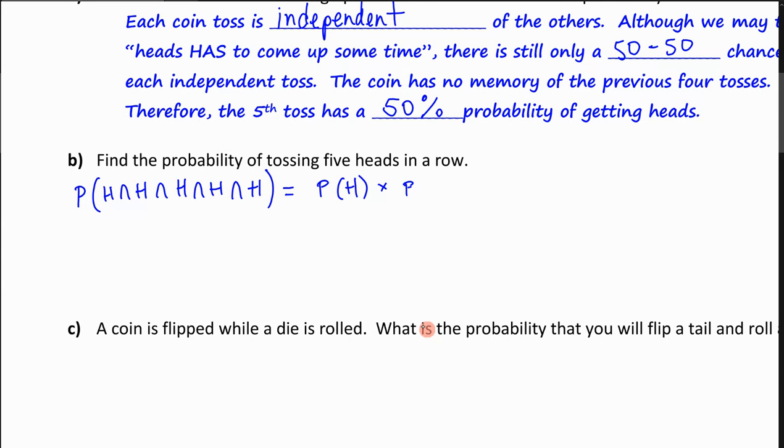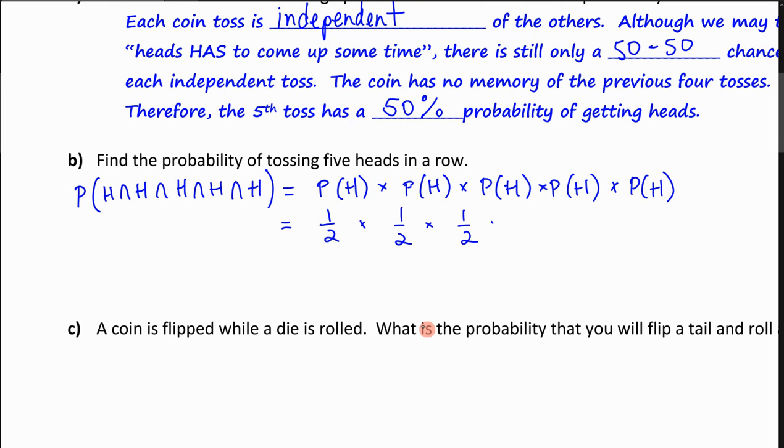The probability of flipping heads times the probability of flipping heads times the probability of flipping heads, and so on. Each coin toss is a 50-50 chance. So 1/2 times 1/2 times 1/2 times 1/2 times 1/2, which is 1 out of 32.